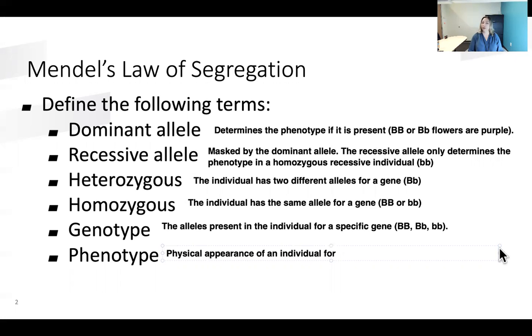And then there's the eye color gene, so they're kind of the same. So in this case, the trait is flower color. So the physical appearance can be purple or white. Now remember that for the dominant color, which is purple, you do not know if the individual is big B, big B, or big B, little b.